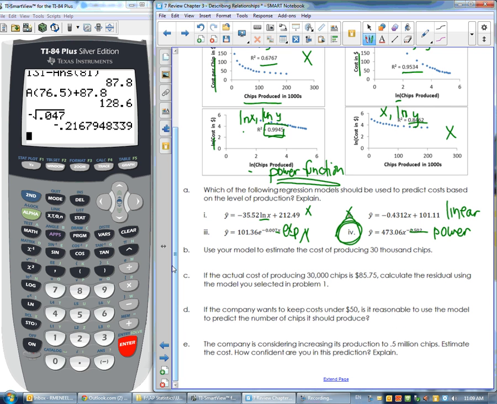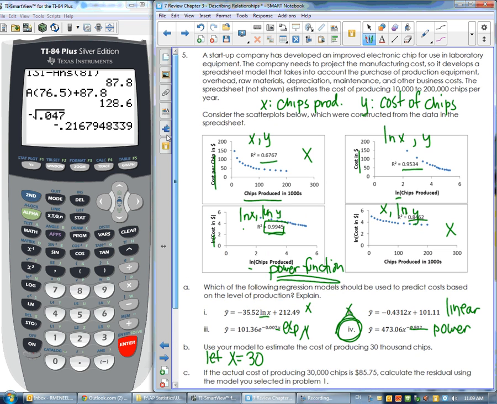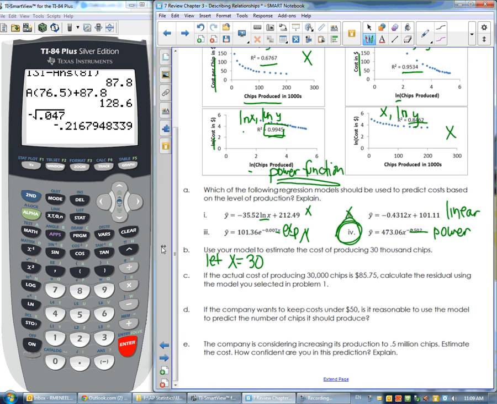It says to use your model to estimate the cost of producing 30,000 chips. So I'm basically going to let x equal 30. I think it's in thousands. When I look at the scale on the x-axis, it makes sense to say that x is going to be 30. So to predict for y, I'm going to have 473.06 times 30 raised to the negative 0.502.